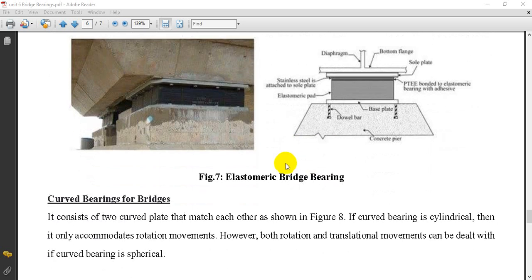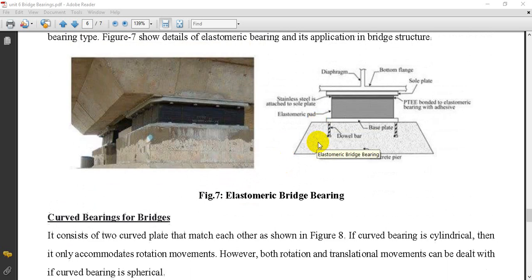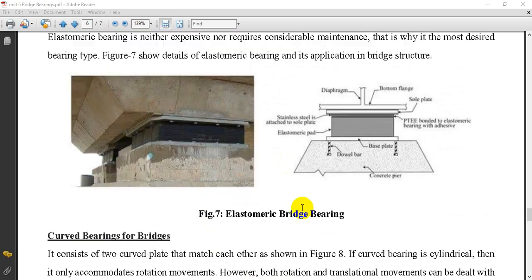Steel reinforced elastomeric bearing has a much stronger response, whereas on the other hand plain elastomeric pad is the weakest one. The advantage of elastomeric bearing is that it is neither expensive nor does it require considerable maintenance. Therefore this is the most used type of bearing for bridges.